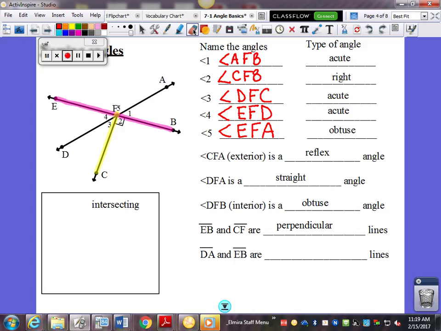And lastly, from D to A and from E to B, those two lines are just crossing, no particular way. That's intersecting.